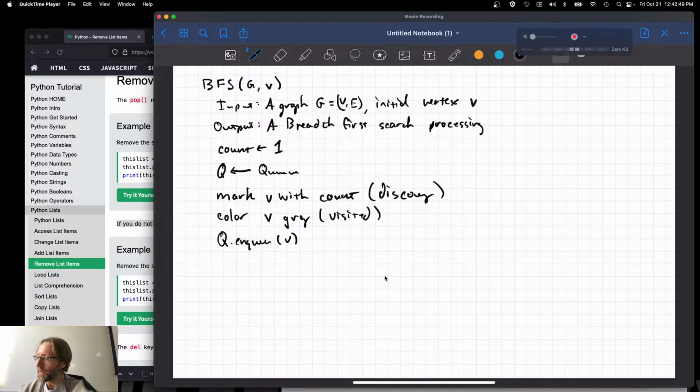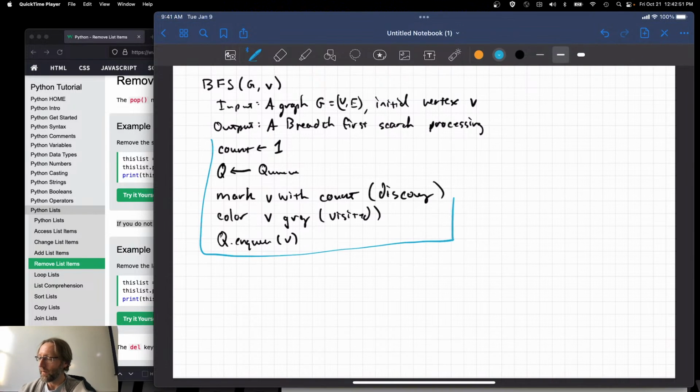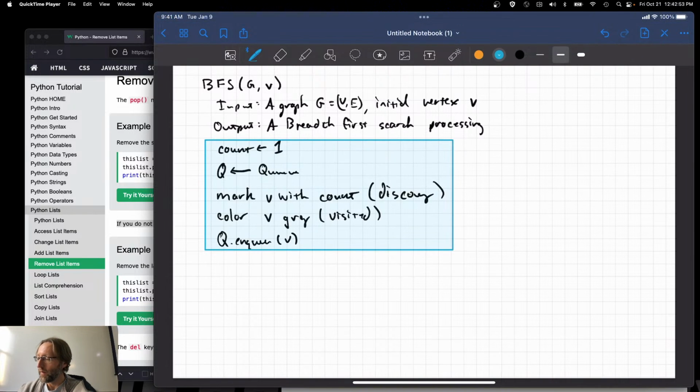This is all just initialization right here. Now we need the main loop. So we've already got one thing in our queue. We're going to continue operating until our queue is completely empty. So while queue is not empty, I'm going to grab the thing at the front of the queue and call it X, q.dequeue.